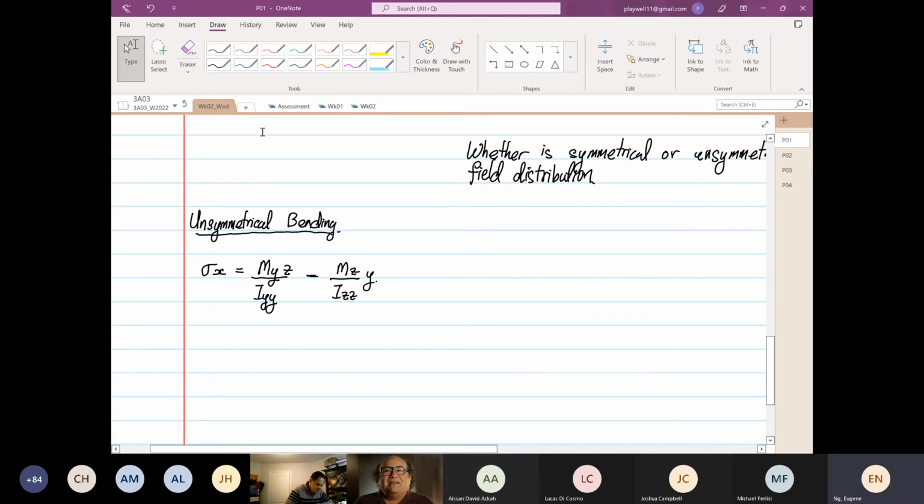Okay, so this is the formula for unsymmetrical bending.